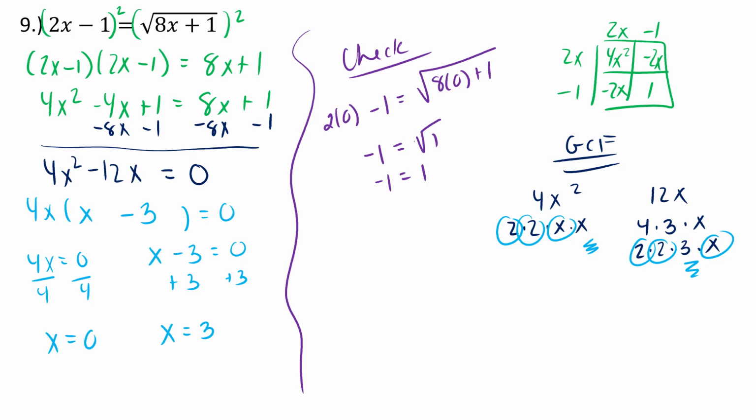So we are going to graph y equals 2x minus 1 and get the line, and then we want y equals the square root of 8x plus 1.